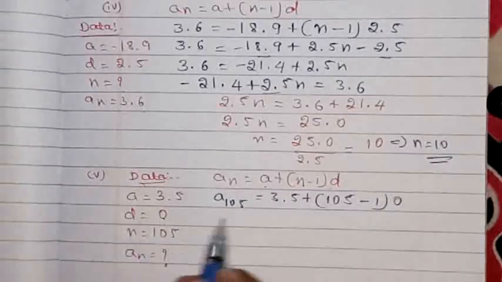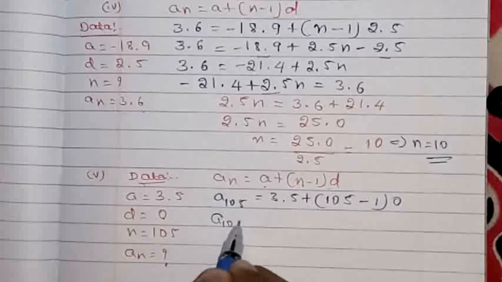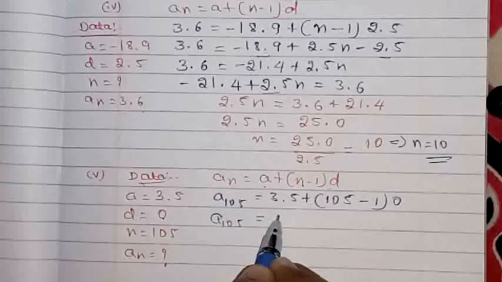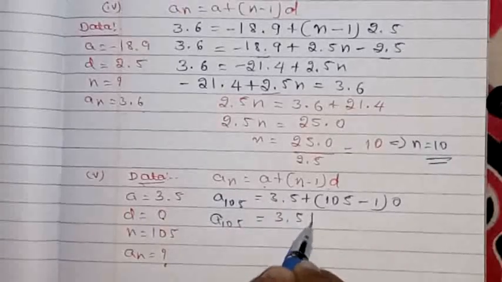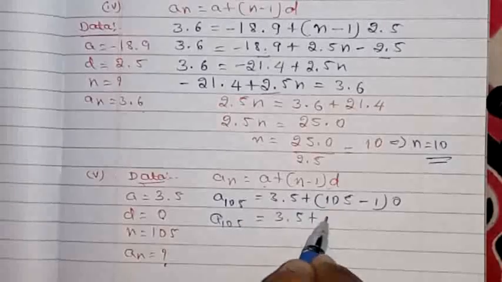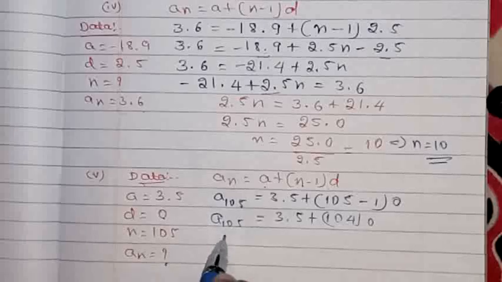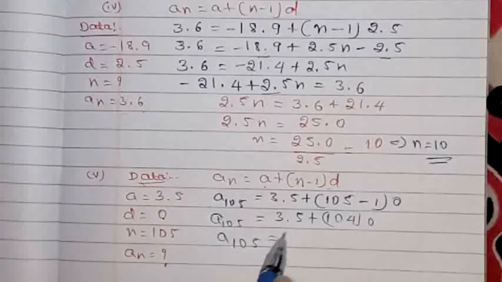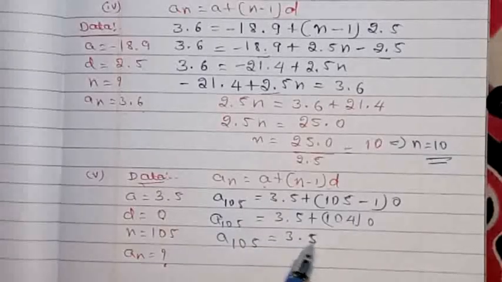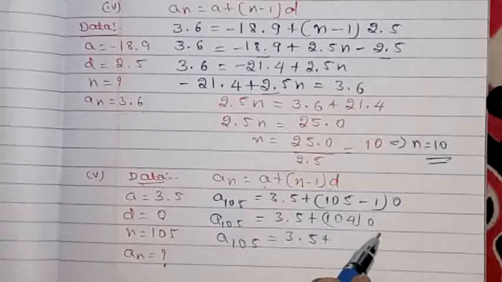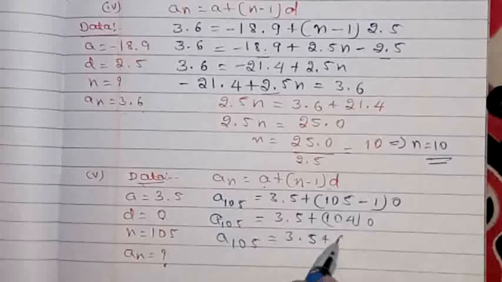Okay, now here a105 is nothing but 3.5 plus 105 minus 1 is 104 into 0. So therefore a105 is equals to 3.5 plus, if you multiply any number by 0, it is nothing but 0, right?